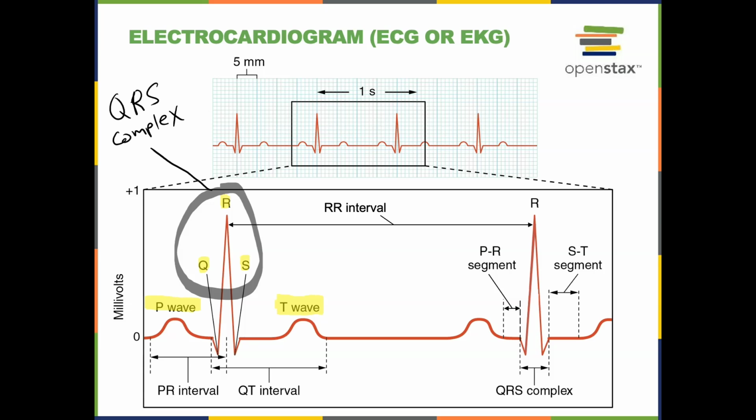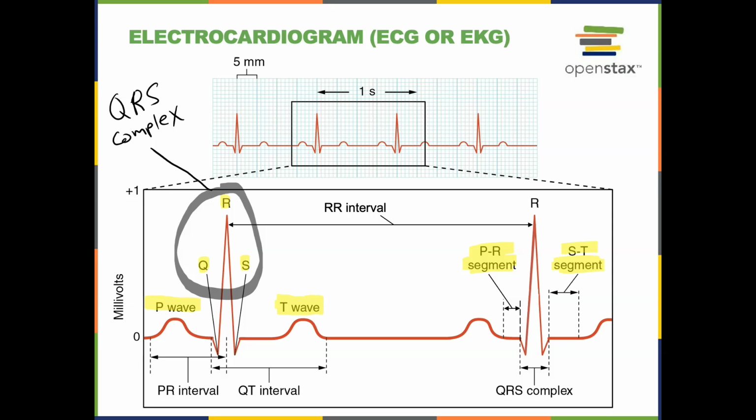The segments of the ECG are regions between two waves. For example, the P to R segment: you'll notice that the line of the electrocardiogram is flat during the P to R segment, and this corresponds to the plateau phase of the action potential in contractile cells of the atria.